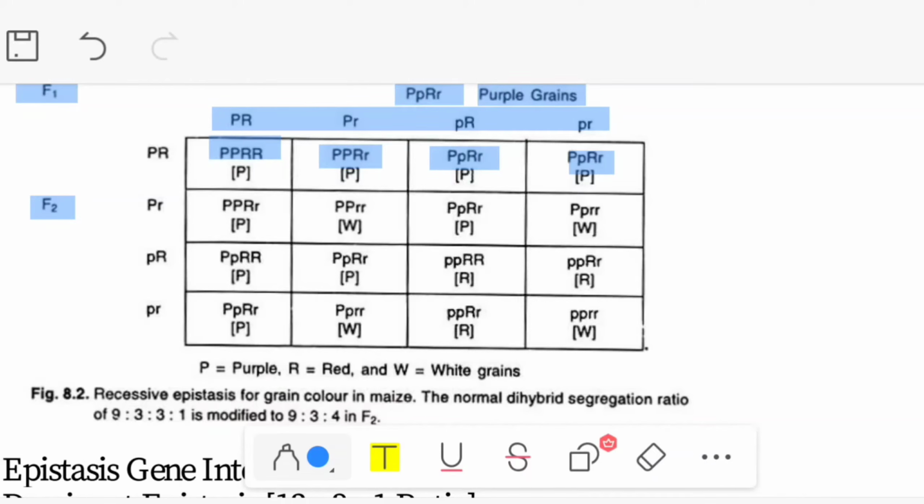Deal with these cases as well. Whenever we go through all of them, we observe that they should have one capital P and one capital R so as to have purple color.